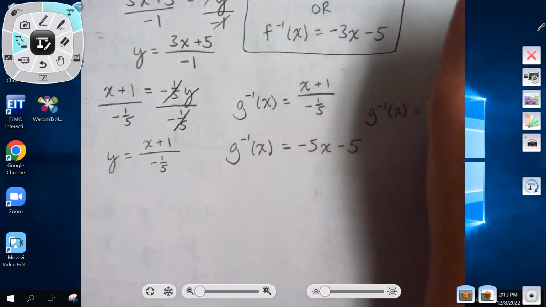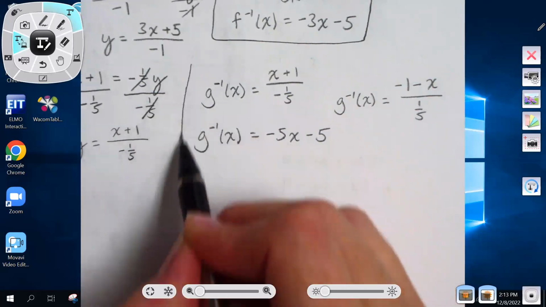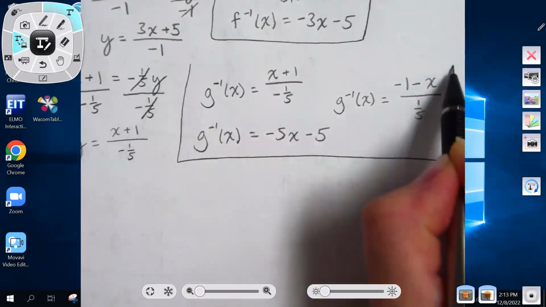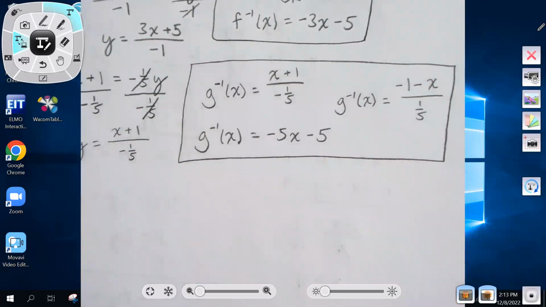So negative 1 minus x over positive 1/5. Does anybody have something different than these three that you want to know if it's right? Okay.